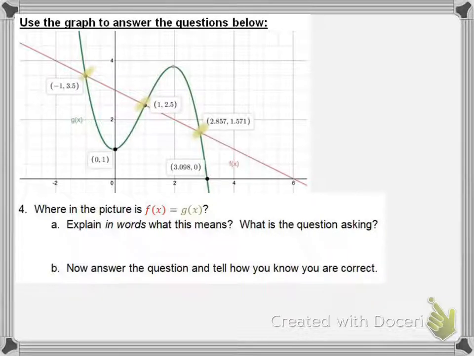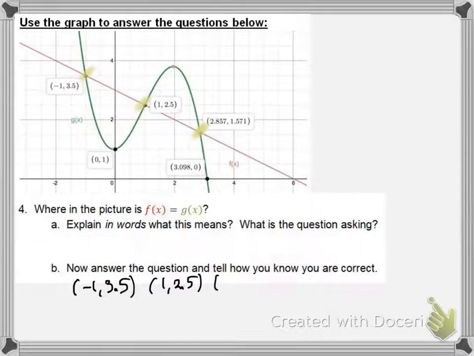Explain what this means in words. What is the question asking? Basically, the question is asking us, where do those two curves or lines meet up with each other? So I would say at -1, 3.5. I would say at 1, 2.5.